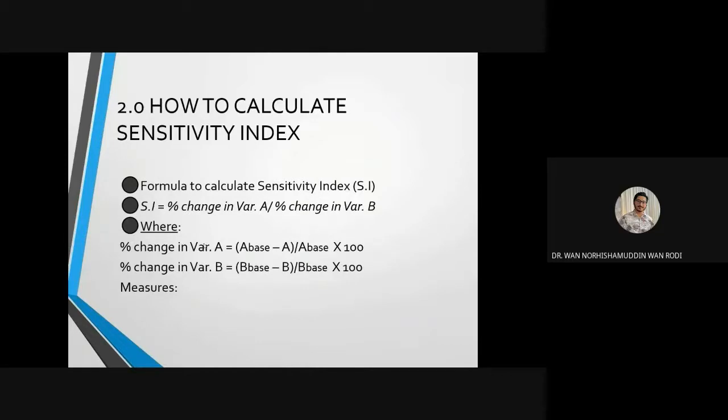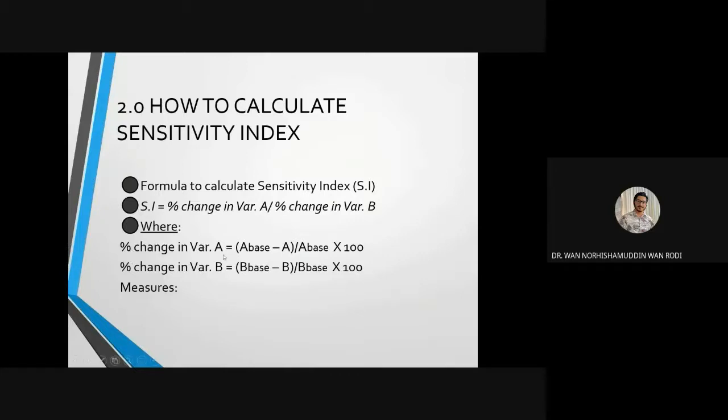So the formula to calculate sensitivity index: we need to take into consideration the percentage change in variable A divided by the percentage change in variable B. If you want to estimate the percentage change in variable A, you have to follow this formula.